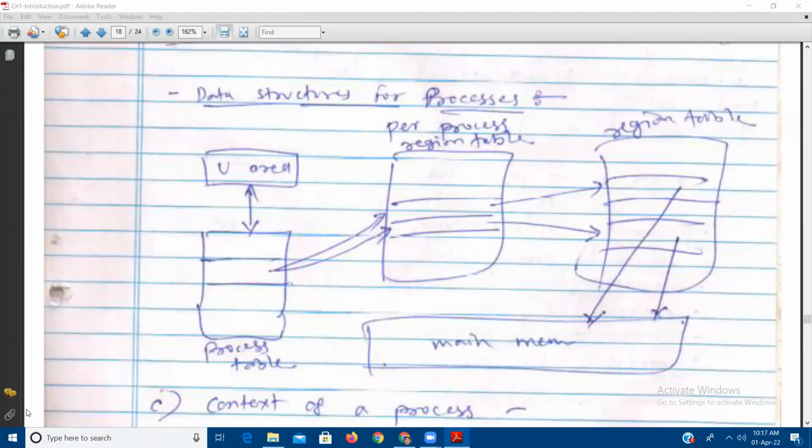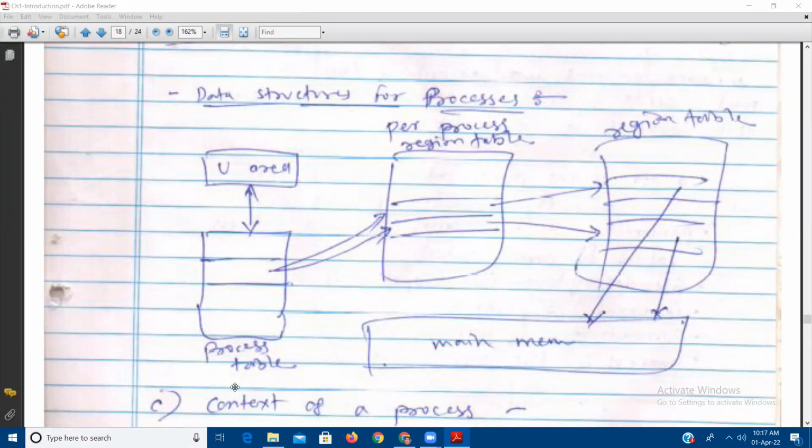Kernel's data structure for processes. So all of you draw the data structures related to process. Yesterday we discussed data structures related to file, and today we are discussing data structures related to process. So these are the four data structures.